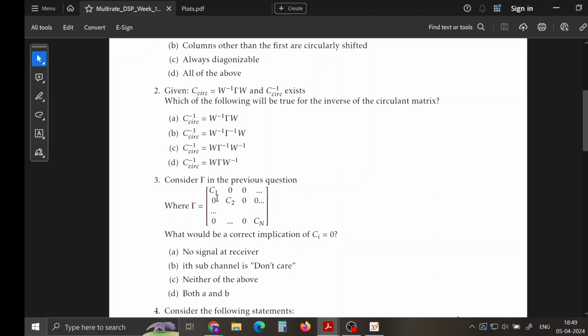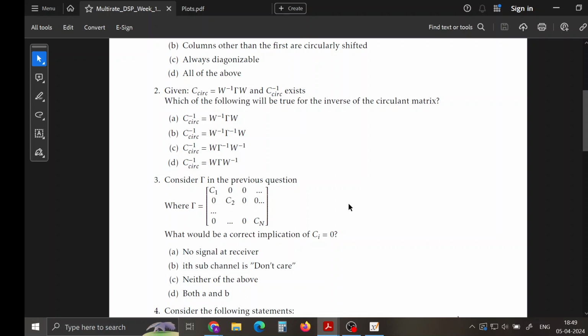Meaning that the ith entry of this principal diagonal, or in other words, the i comma i entry of this gamma matrix, the element that lies at the intersection of the ith row and the ith column of this matrix gamma, is Ci, which is 0. If that happens to be true, what does that mean?